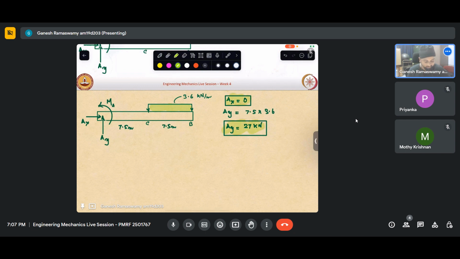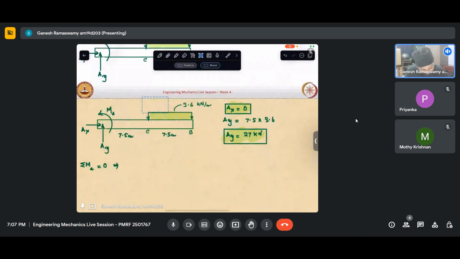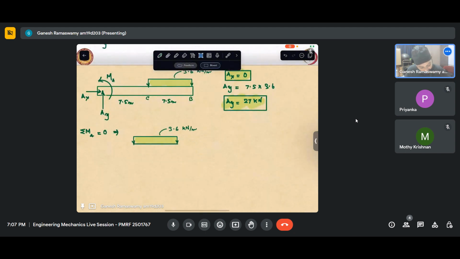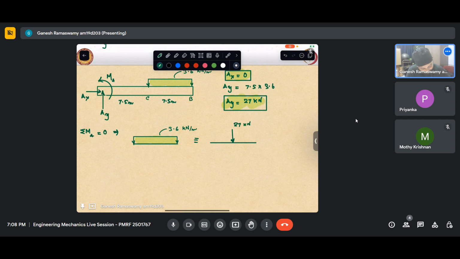Now for the moment, let us take moment about some point, let us say A. Adding up moments about A. If I have a load distribution like this, it is similar to having an applied load like that, because it's a uniform rectangle, the resultant equals 27 kilonewton. This is 7.5 meters. Both are statically equivalent. I hope that is clear.